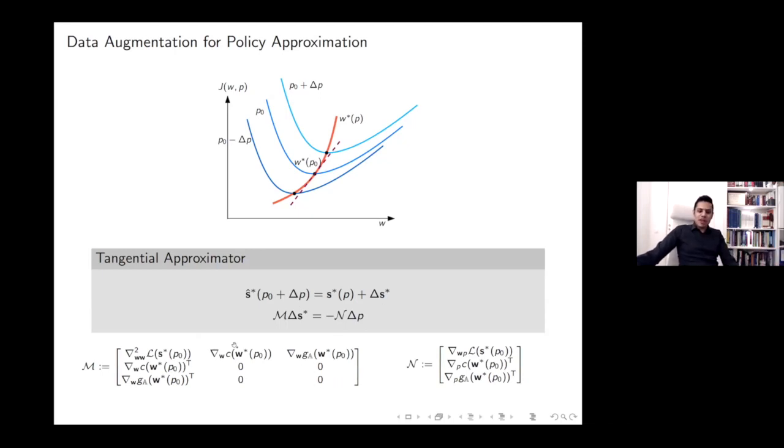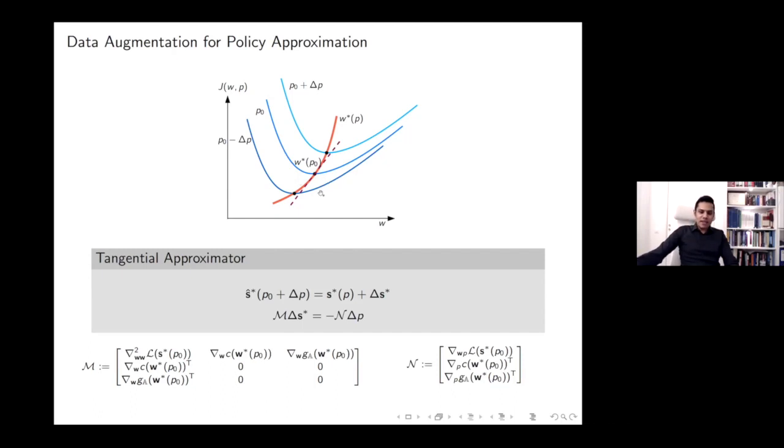So it's not that you have to compute this, because you can obtain it almost for free from when you have solved the optimization problem for a given value P naught, right? So then we can use this tangential approximator to easily approximate how the solution would change when the parameter changes by a small value P plus minus delta P.